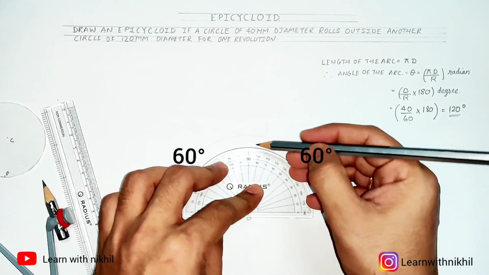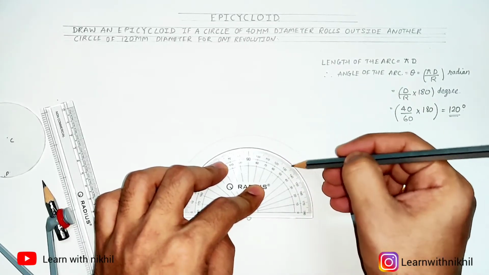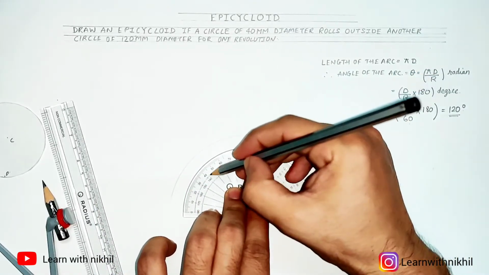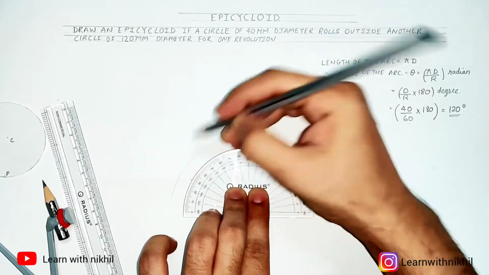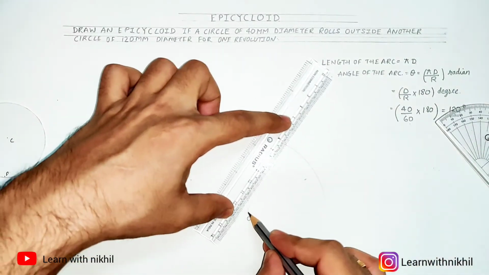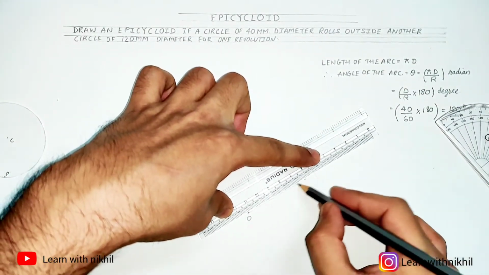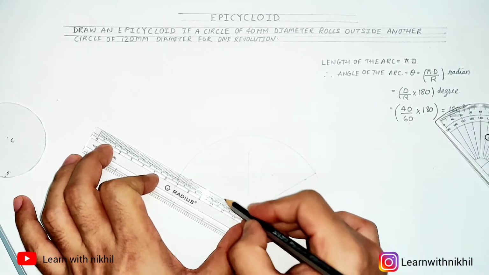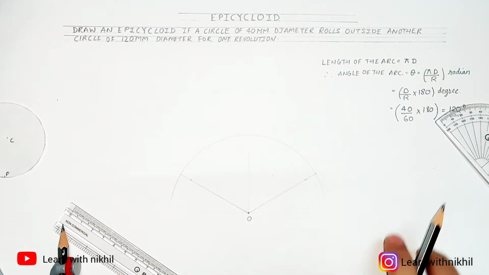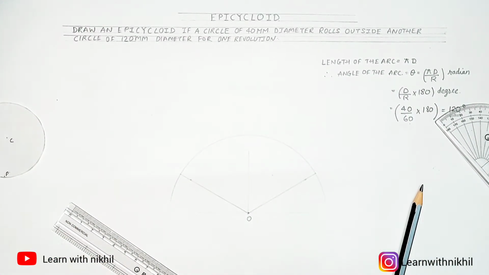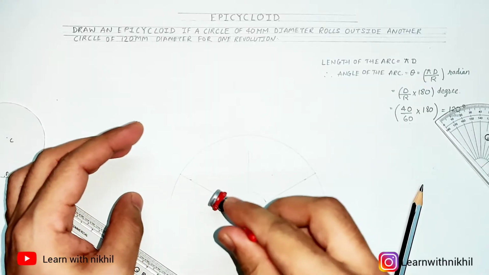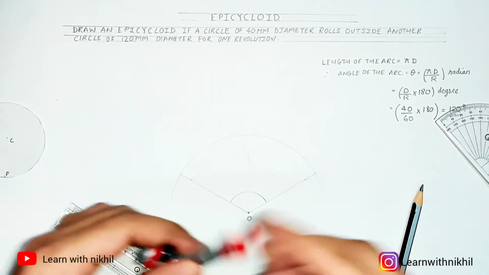Any way you can do, but you have to get an angle of 120 degrees. So I have counted 60 on both sides, and I'll draw a line. This arc which is formed is nothing but an angle of 120 degrees, and it is the distance travelled by the smaller circle for one complete revolution.